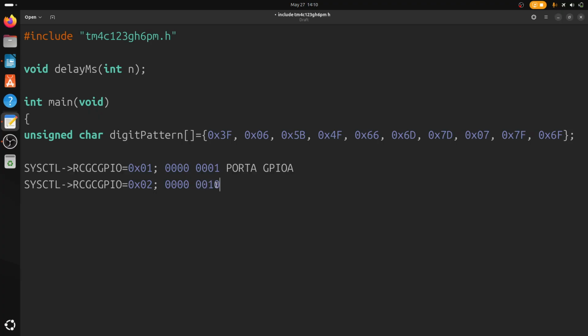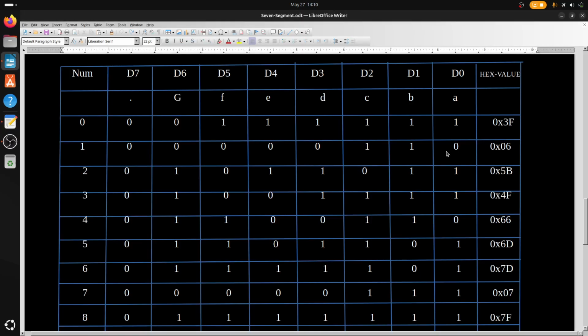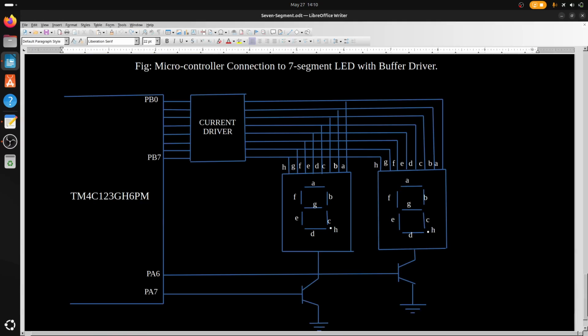So this one is port A, port B, port C, port D, port E, port F. I said only port B, that's why I choose only port B, or GPIO-B. And why I'm choosing these two, port A and port B, is because in the figure I have to set up the hardware. This is hardware, so that's why I choose port B and port A.